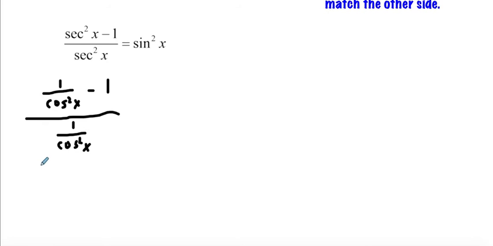So that's what I'm going to work on here. I'm going to work on the numerator up there. I'm going to get my common denominator. It looks like my common denominator there, because I can put this over 1 over 1, is going to be cosine squared. So if I multiply my numerator and denominator with the 1s there, I can multiply this by cosine squared x. So I thought through on my algebra now, and this is 1 times cosine squared x.